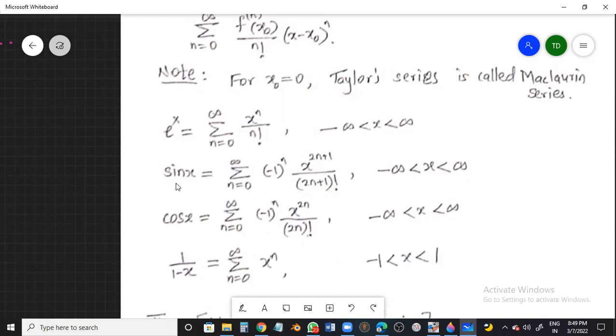The expansion of sin x contains alternate plus minus signs, so you have minus 1 raised to n, x raised to 2n plus 1, which talks about oddness. These are odd terms, and you have 2n plus 1 factorial. In case of cos, you have minus 1 raised to n, x raised to 2n upon 2n factorial, and n starts from 0 onwards.